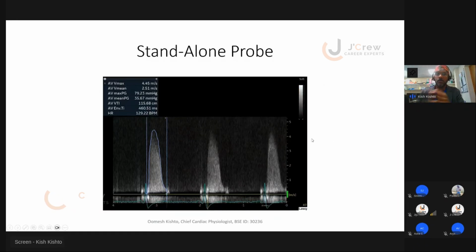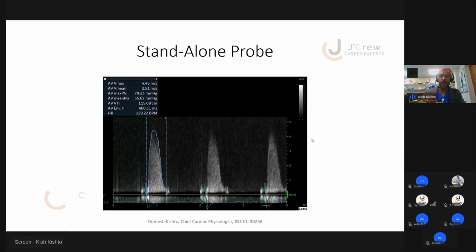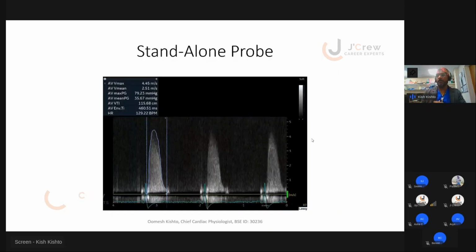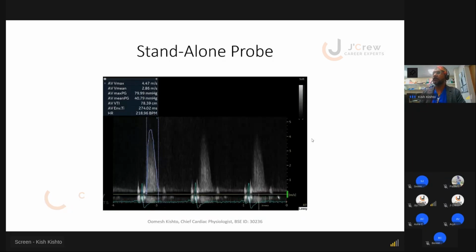So it's always good practice for all your AS patients to use a standalone probe on the right sternal edge, okay? Sometimes lots of people go straight with the standalone. But what I did here, as you can see, I used my normal probe first to locate it, to see if I get a good view, and then I swap and use the standalone probe there. So then with that, I have an even better result.